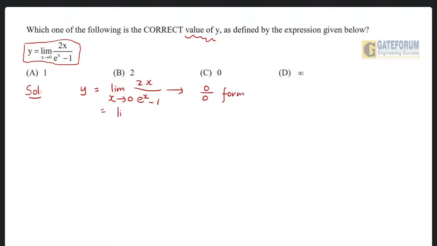So this is equal to limit x tends to 0, differentiate numerator as well as denominator with respect to x. So 2x derivative 2, e power x derivative with respect to x is e power x, minus 1 derivative 0, using L'Hospital's rule.